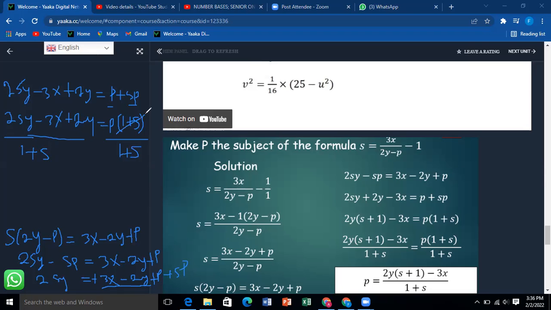So 1 plus s on the right hand side will cancel out, will give us a 1, and then we shall remain with p, giving us 2sy plus 2y minus 3x divided by 1 plus s. So when we do that, we shall have made p the subject of the formula.